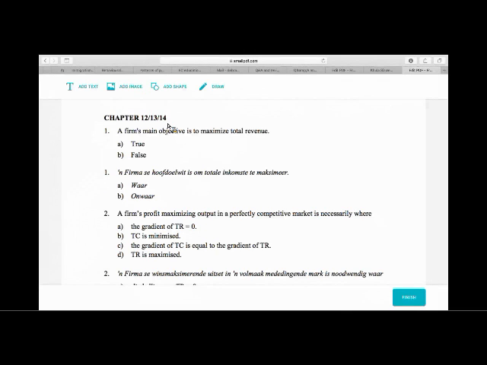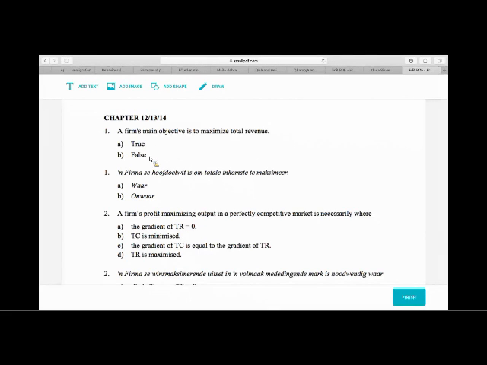The first question that I've chosen is one that, when I've seen people practice this particular past paper, they all seem to get wrong. And this comes down to careful reading. So this question says, a firm's main objective is to maximize total revenue.